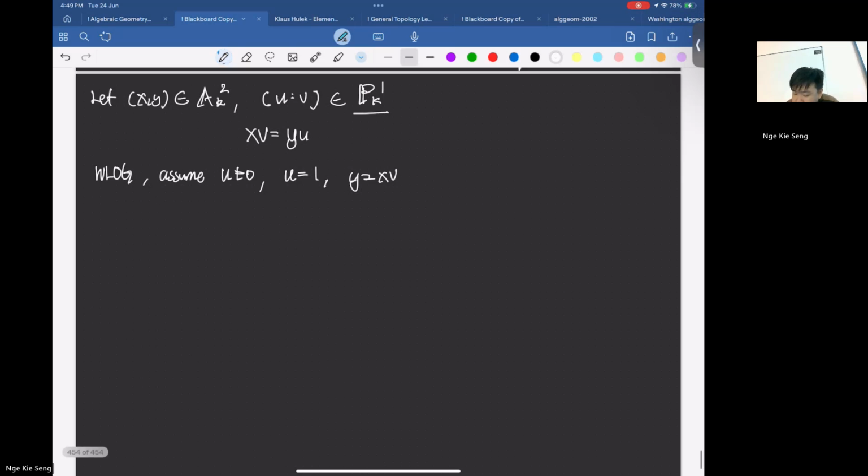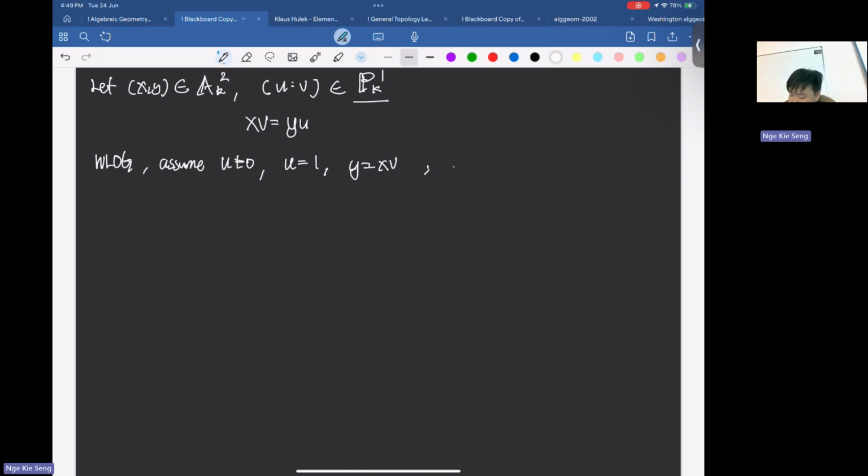And just now our equation is f(x, y), sorry, y squared equals x to the power 5. So we substitute into this equation and get x squared v squared minus x to the power 5 equals 0. So you can factor out x squared times (v squared minus x cubed) equals 0.